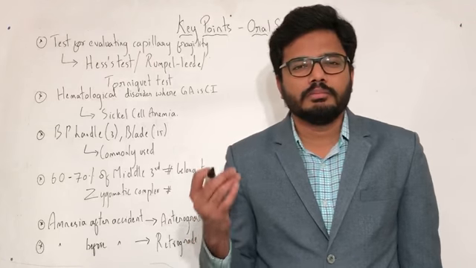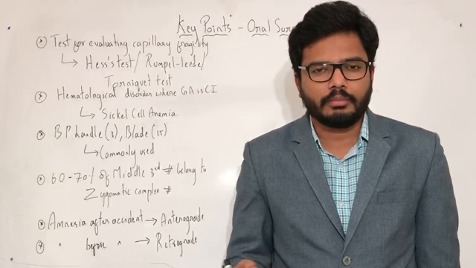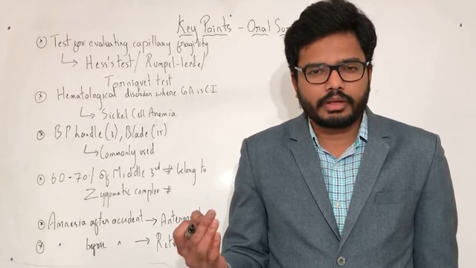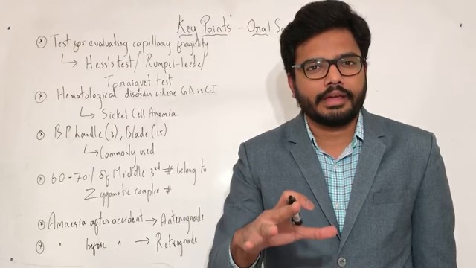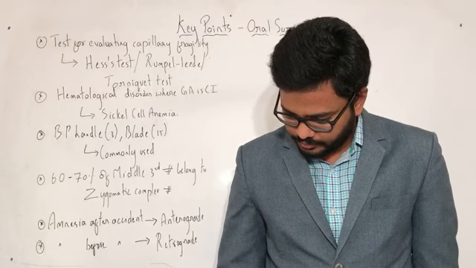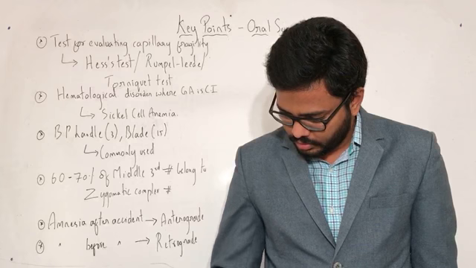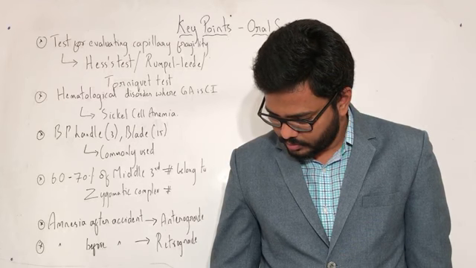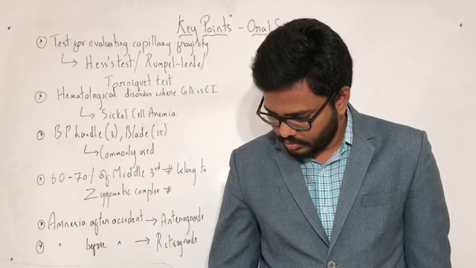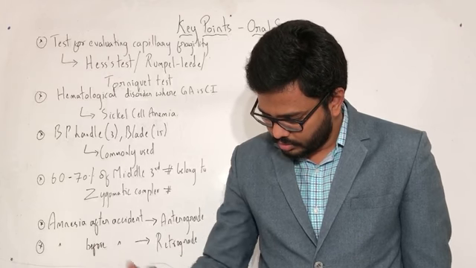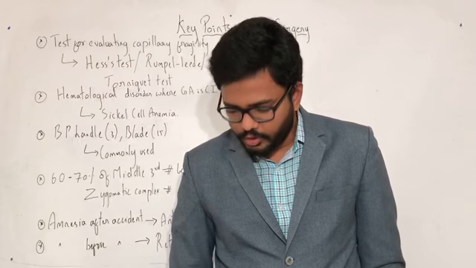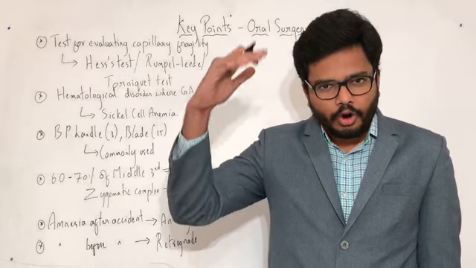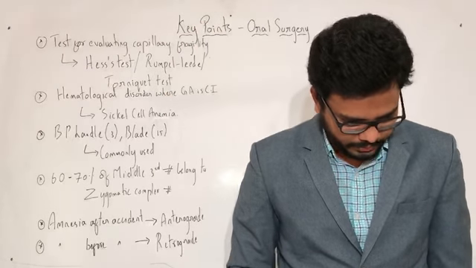So when you use the bur to cut a bone, for example, in impaction cases, you do bone cutting. So what is the threshold temperature beyond which there can be necrosis to bone?